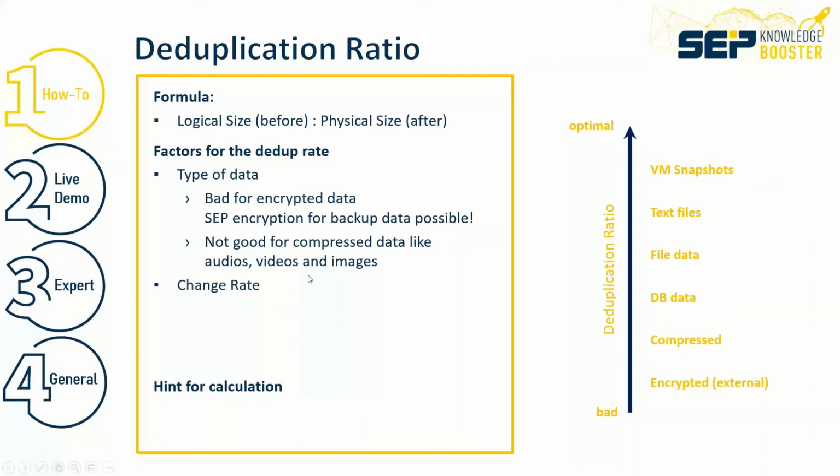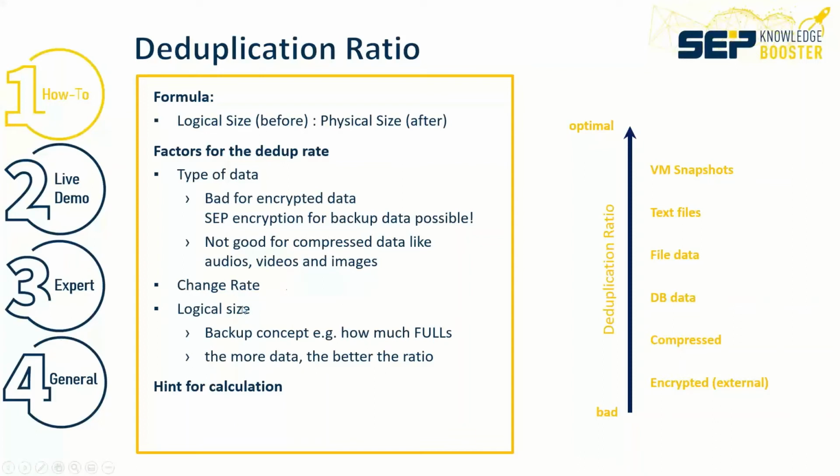But also important is the change rate. If you work a lot, you are very active with your software, then you have a lot of new blocks, and then the dedup ratio gets lower and lower if you have a huge change rate. And then it's important to increase the logical size. Yeah, and this is something regarding the backup concept. If you only have one full, the dedup ratio might be poor, well, 2-1.